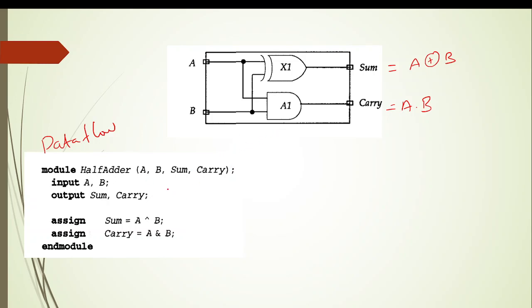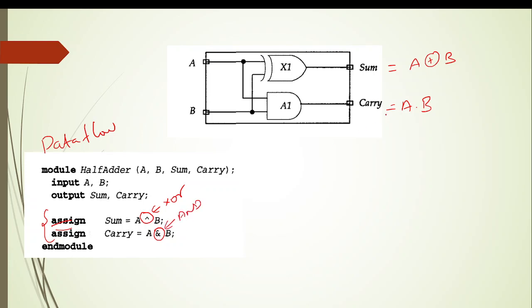In the case of Dataflow modeling, I will be using continuous assignment statement. This assign keyword, we call it as continuous assignment statement. This symbol will perform the XOR operation, and this particular symbol will perform the AND operation.